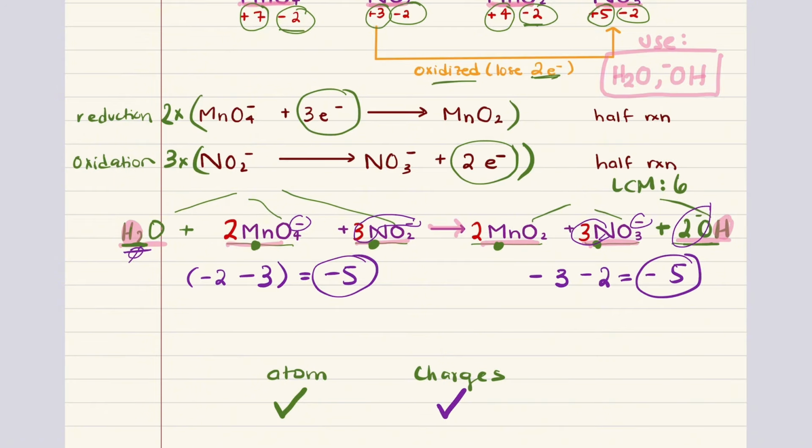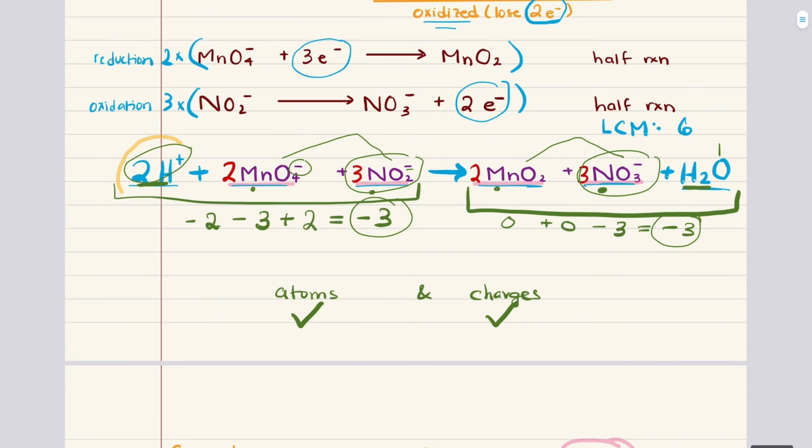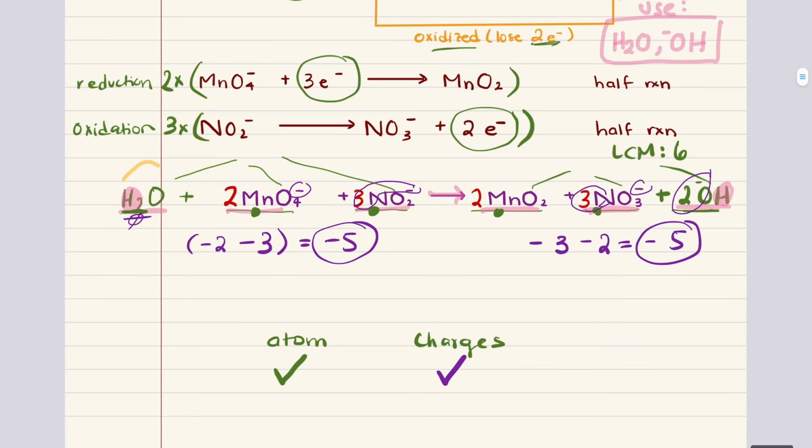With that, let's take a moment to compare this with the acidic result on the previous page. In acid, we ended with 2 hydrogen ions on the left and 1 water molecule on the right. In base, we instead have 1 water on the left and 2 hydroxides on the right. Both versions conserve atoms and charge, and they both exchange 6 electrons overall.